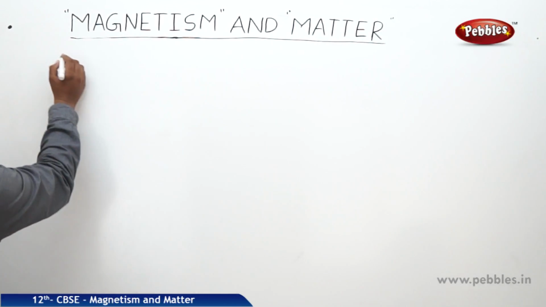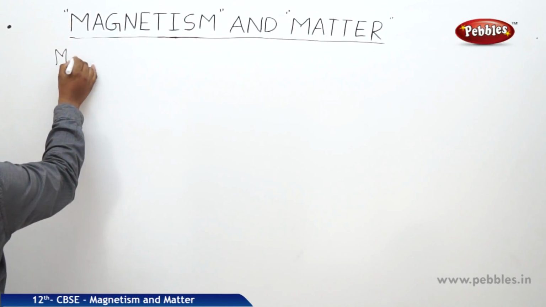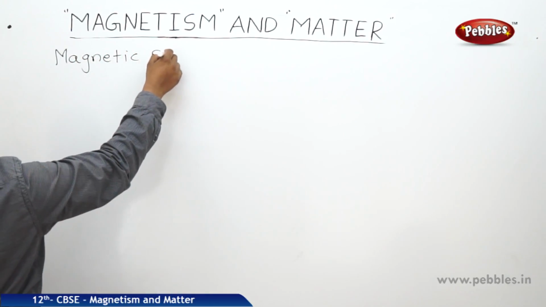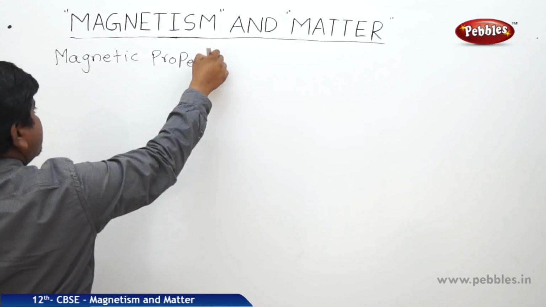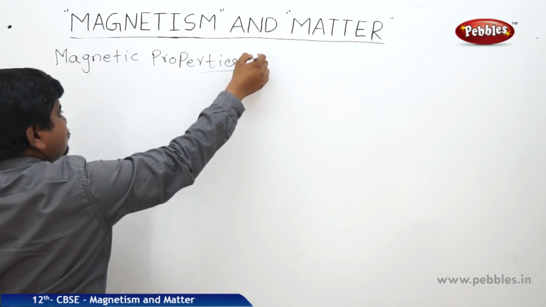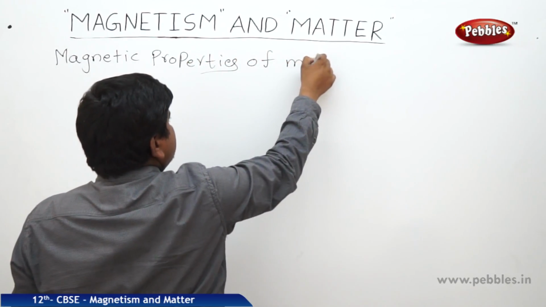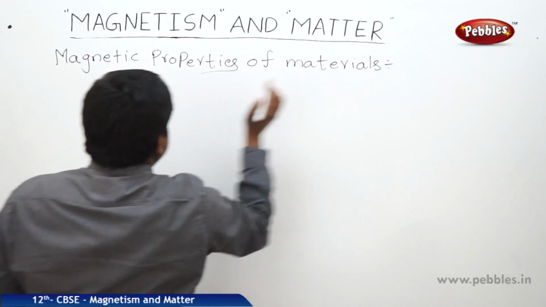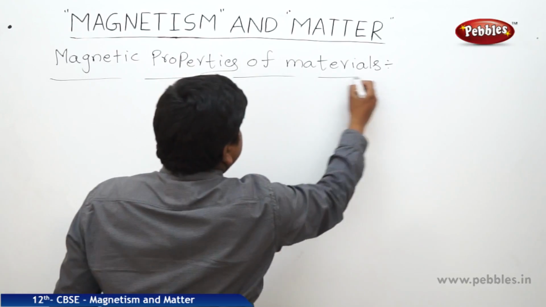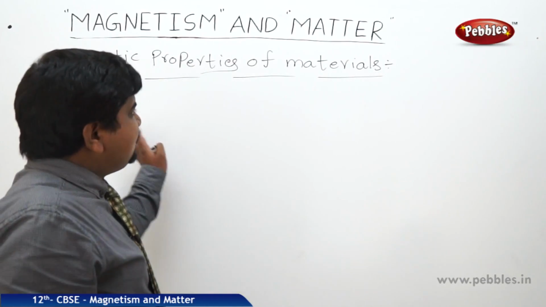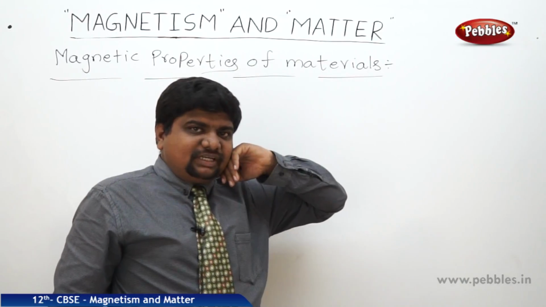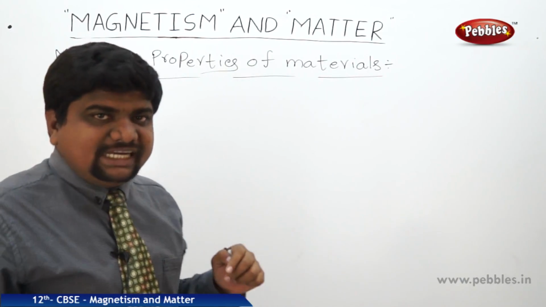So we will discuss magnetic properties of materials. The magnetic properties of the materials means, on the basis of their magnetization properties, magnetic materials are classified into three types.